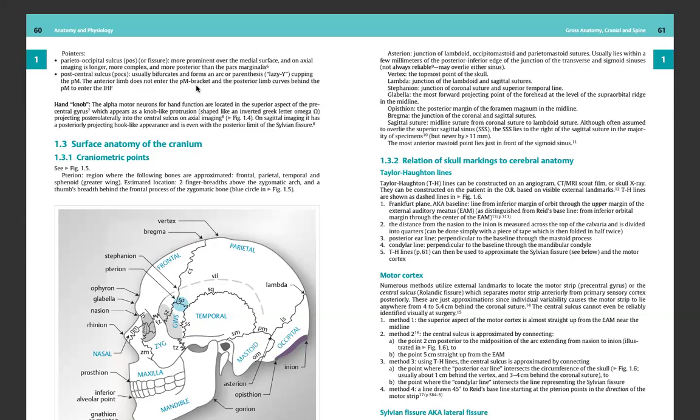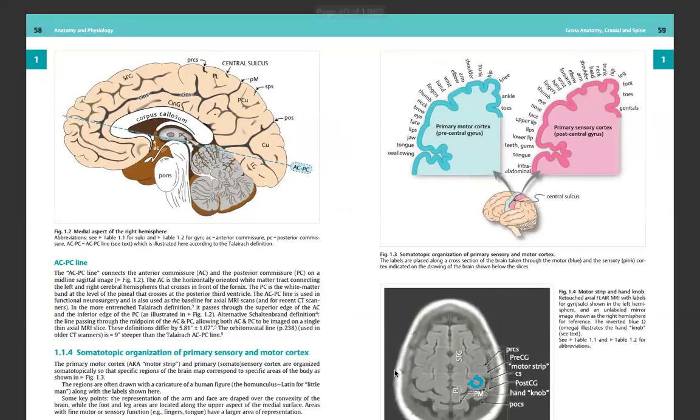The anterior limb does not enter the PM bracket line, and the posterior limb curves behind the PM to enter the interhemispheric region. Okay, so essentially it's all here. The central gyrus is here, goes behind, anterior to enter it. It goes down, comes like this, goes down. Central here, central. So it's not basically a description of all that.